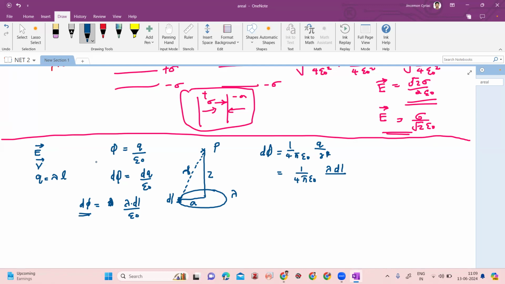Here r is the distance, and R is equal to the root of a square plus Z square. So that is equal to d phi.